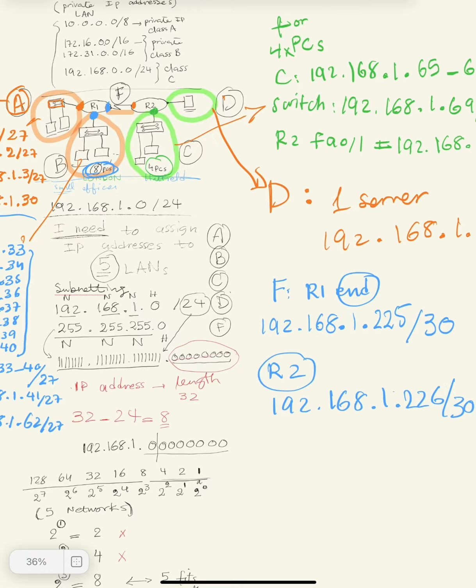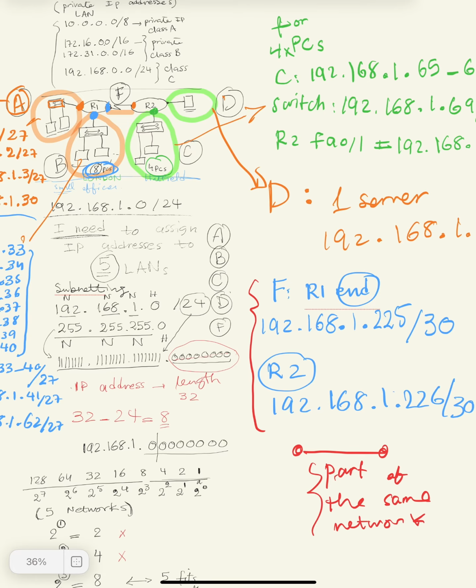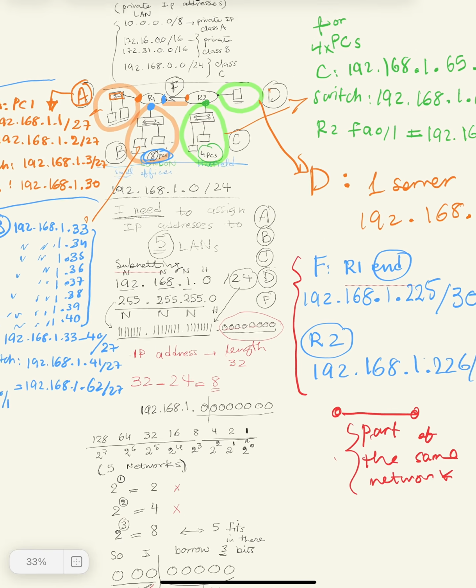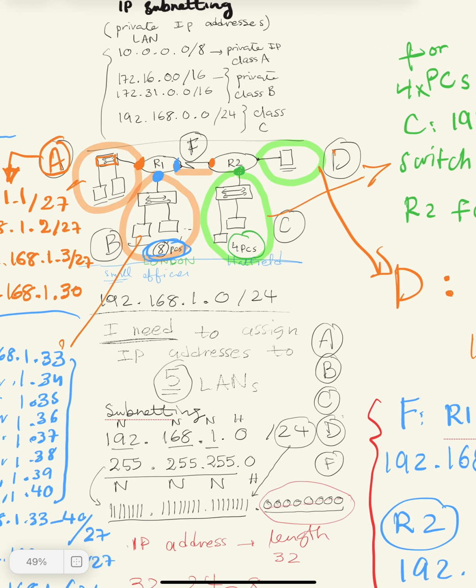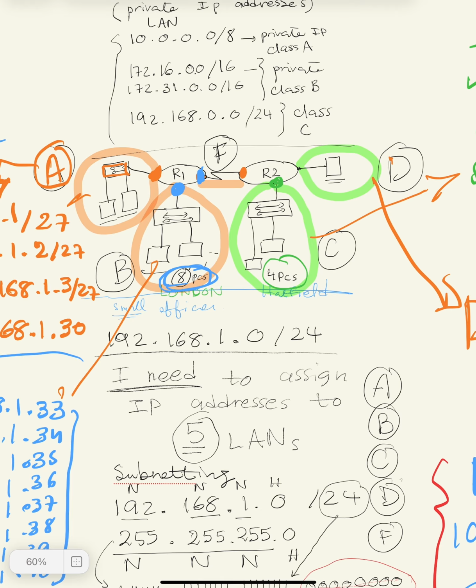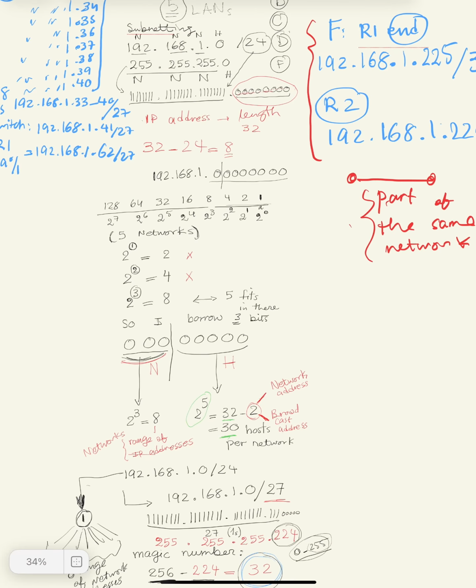One thing is important for you to know: both of them, since they have a direct connection to each other, are part of the same network. So in that way, the IP addressing is completed for the given network, and all the IP addresses are assigned.